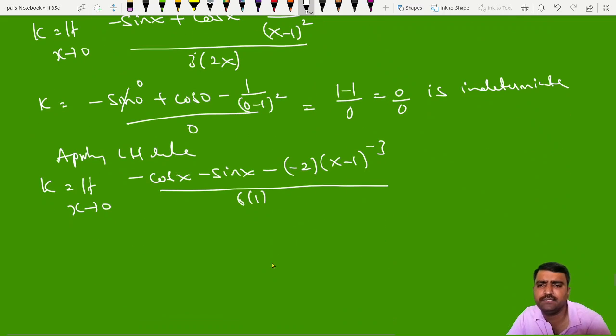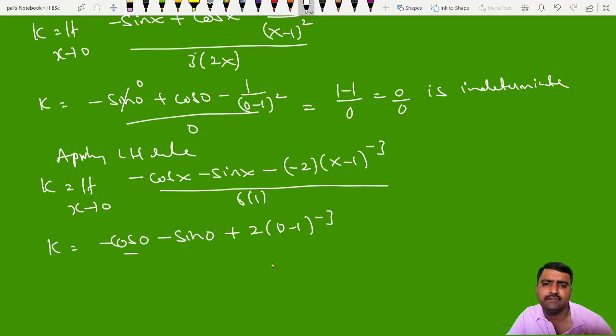If you apply the limit, k is equal to minus cos 0 minus sin 0 minus of minus plus 2 into (0 minus 1) to the power minus 3, divided by 6.